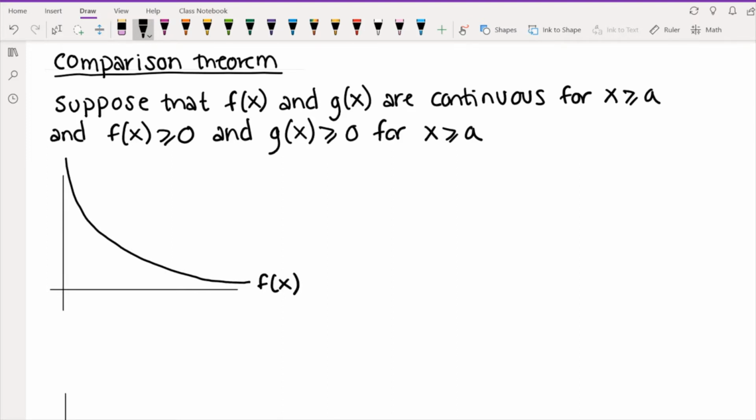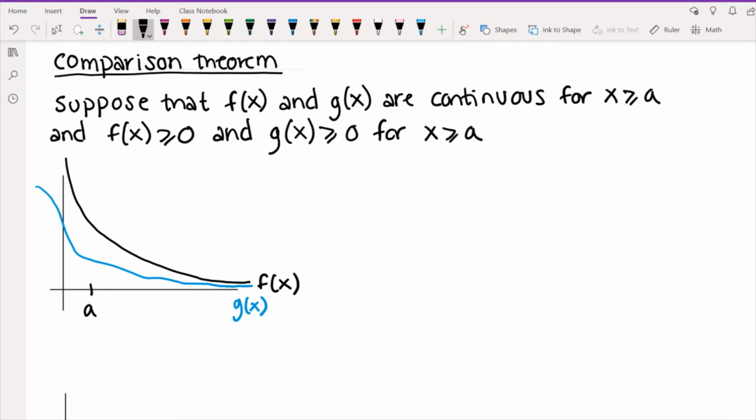Now let's say you have another function g of x, and you don't know how to evaluate the integral of g of x, but somehow you know that g of x is less than or equal to f of x. So this blue graph is g of x. And I should also put in here, we're doing an improper integral. So let's say we're starting here at a.